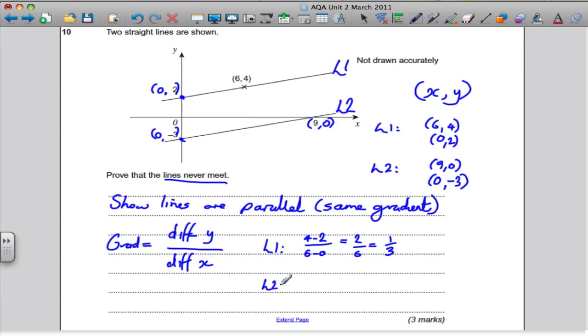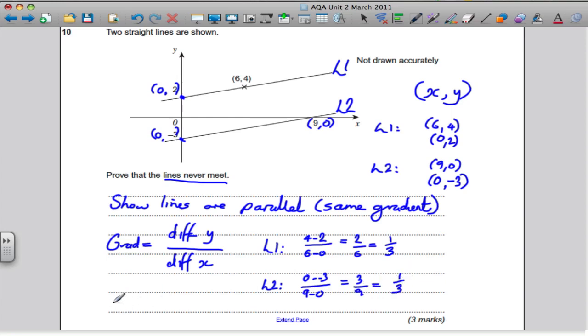Let's do the same for line 2, the gradient. The y's is 0, take away negative 3, divided by 9 take away 0. 0 minus minus 3 is plus 3, and 9 take away 0 is 9. So 3 over 9 is a third again.